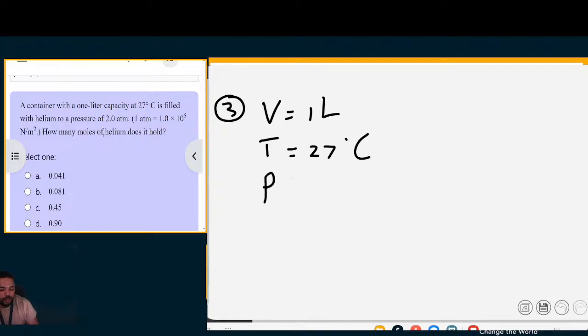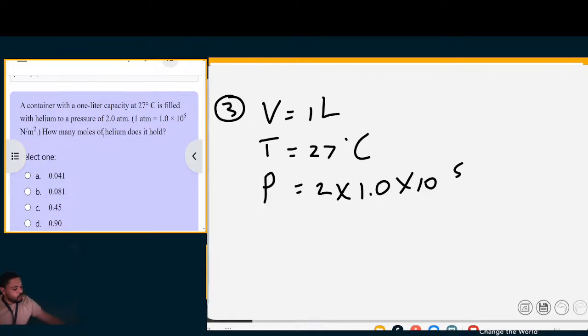So the pressure is 2 times 1.013 times 10 to the 5, and that is in newtons per meter squared, or rather Pascals. How many moles of helium does it hold?